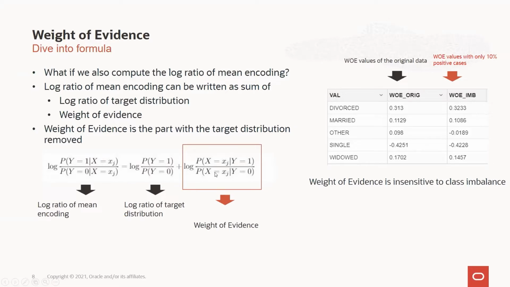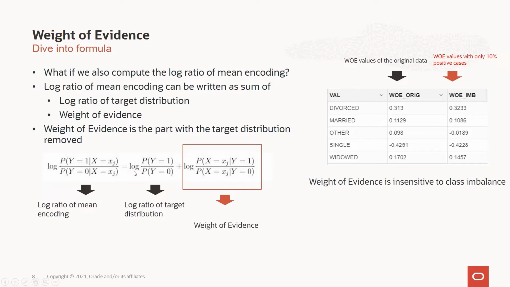And on the right, we are kind of familiar because this is the weight of evidence. So this indicates that if we simply do the log ratio of mean encoding, we always have this impact of the target distribution.